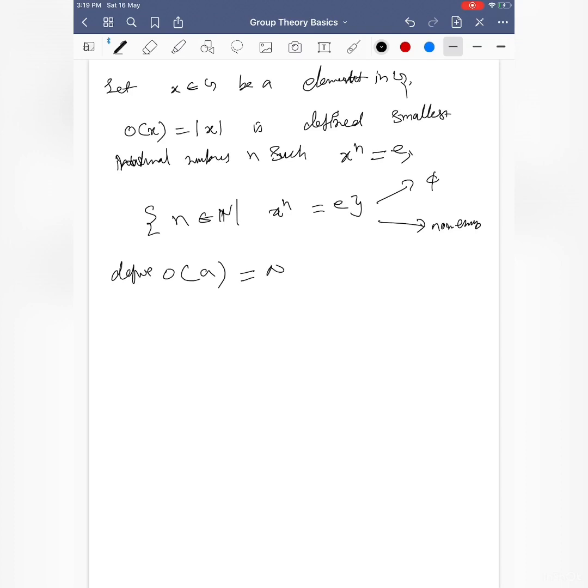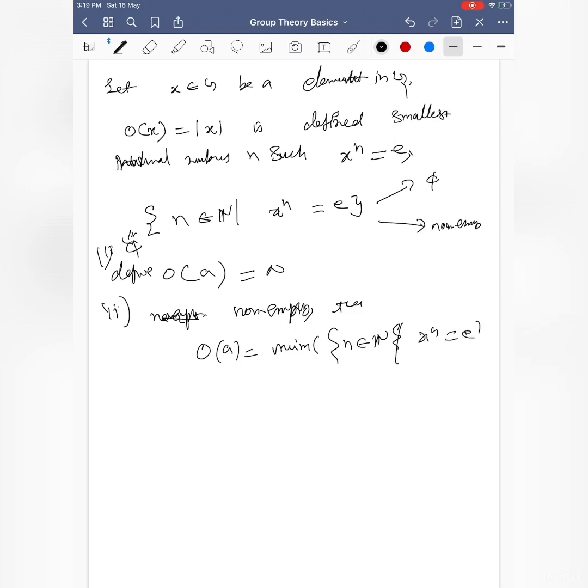That is case 1, empty. Case 2, non-empty. Then you define the minimum, or smallest, n belonging to natural numbers such that x power n equals identity. Okay, the smallest of them.